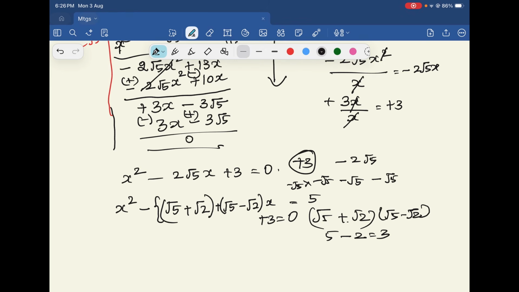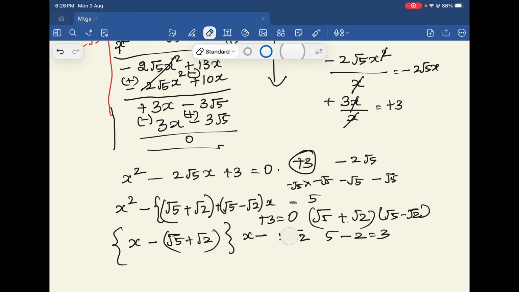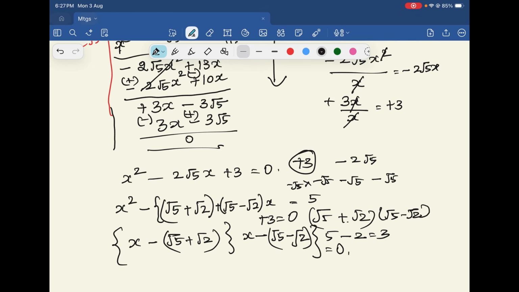Okay. So you have to find the roots. So x square, here x, so x minus root 5 plus root 2, then x minus root 5 minus root 2, equal to 0.